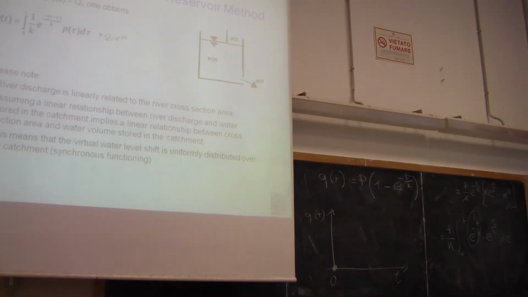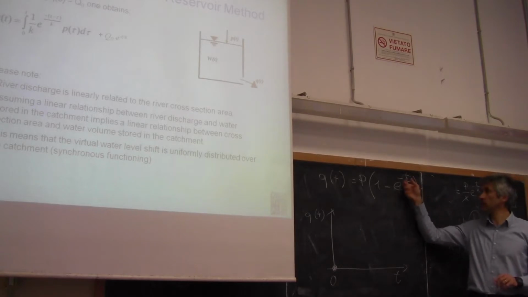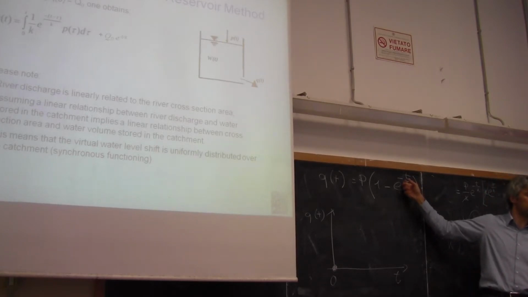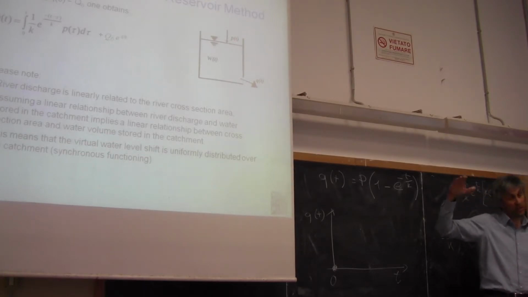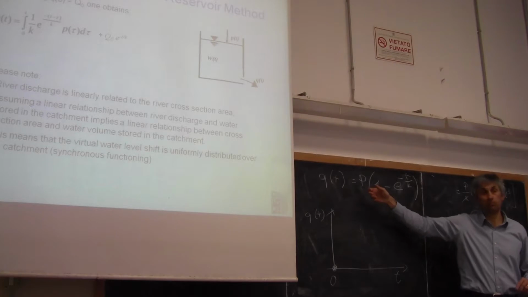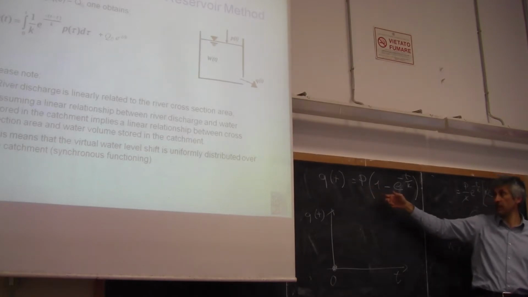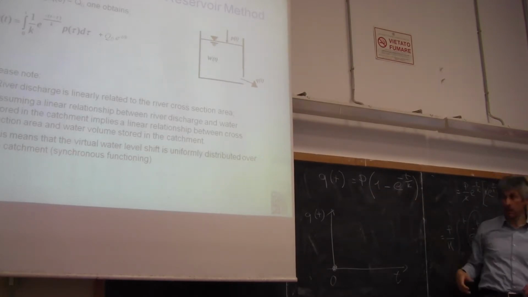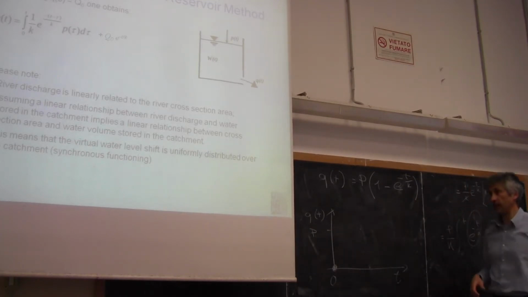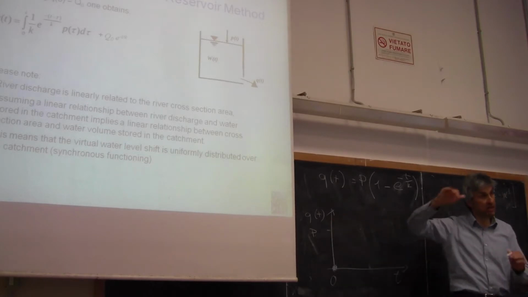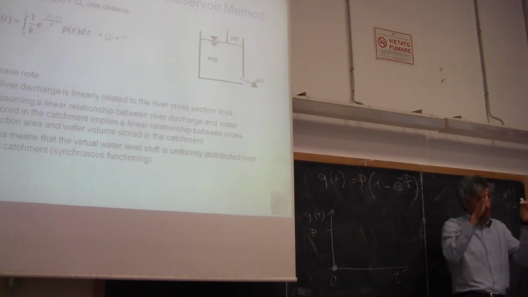And now let's understand what happens for time tending to infinity. So when time tends to infinity, you see that e to the power of minus infinity is 0. So basically, for time tending to infinity, q tends to p, because inside parentheses we have 1 minus 0. So let me just place p here, and I can put p and q on the same axis because they have the same dimension.